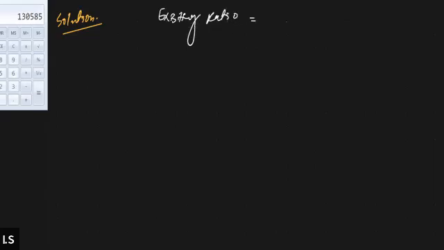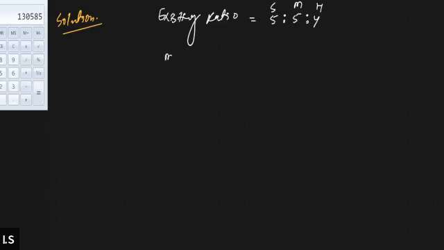The existing ratio is 5:5:4, right? And who is retiring? Out of Shiv, Mohan and Hari, Mohan is retiring. This is Shiv, Mohan and Hari. So Mohan is retiring.